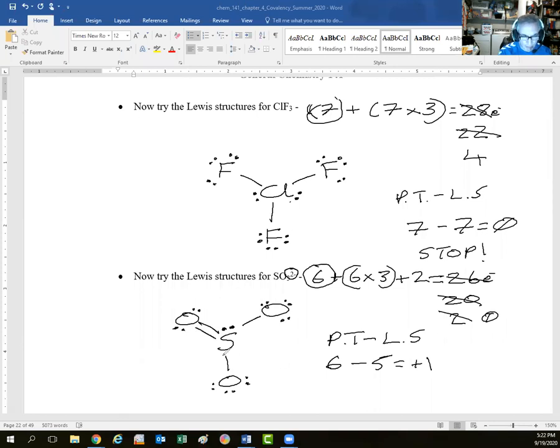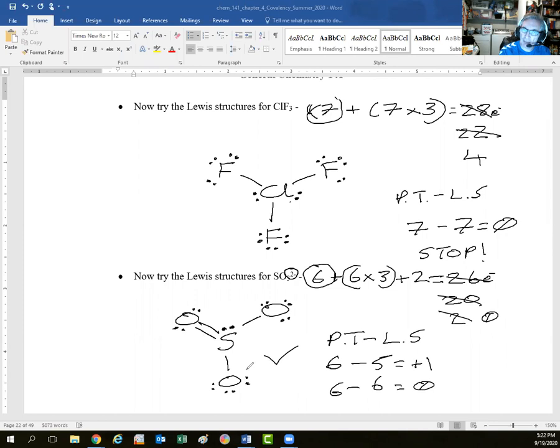Now with 1, 2, 3, 4, then the lone pair 5, 6. That formal charge has disappeared, so it's now controlling 6 electrons from the 10 which are around it. So that's our final answer.